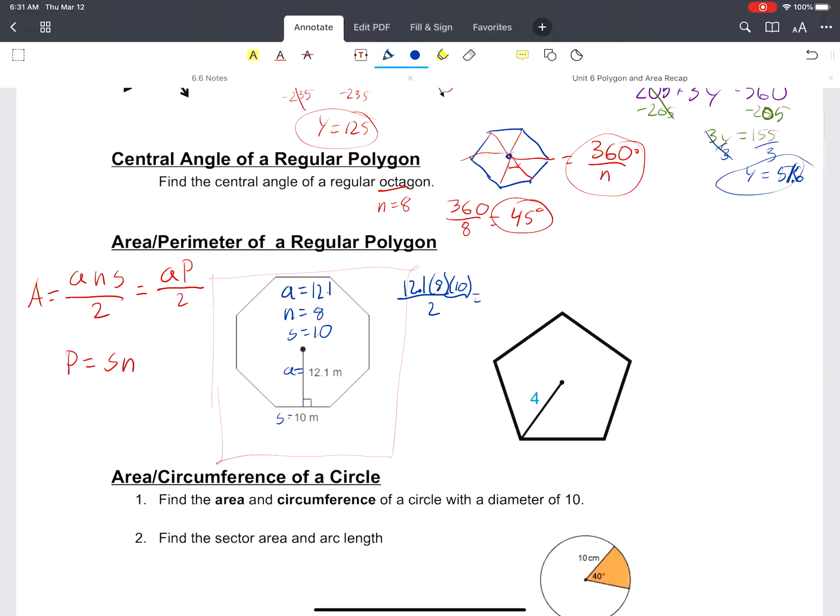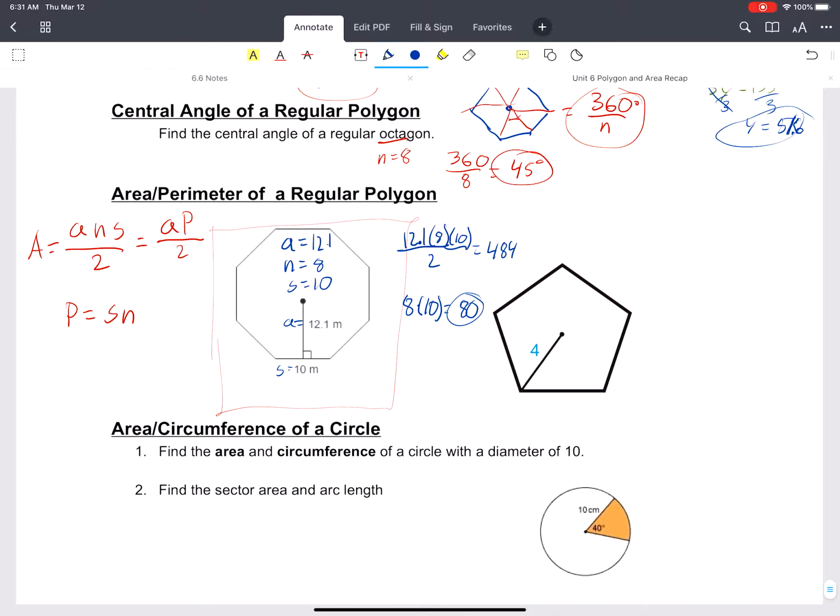If I multiply those all together and divide by 2, I get 484. The perimeter would simply be the number of sides, which is 8, times the side length, which is 10, which would be 80.